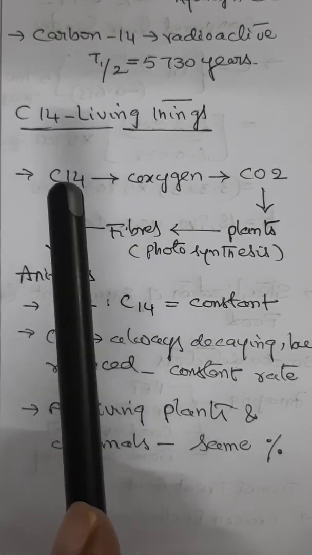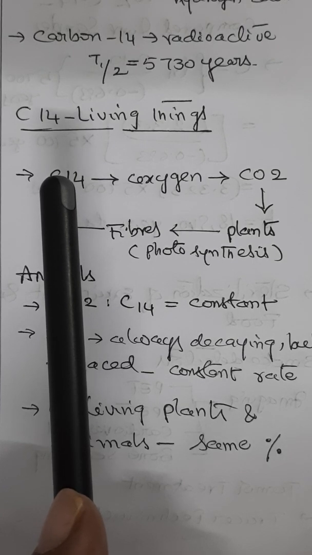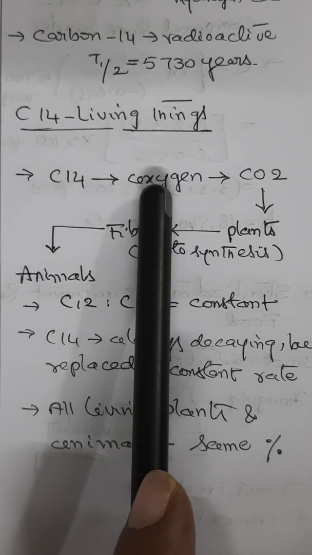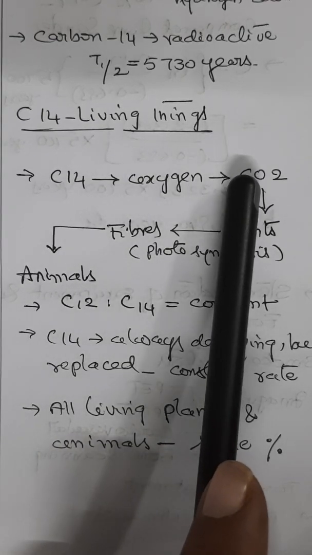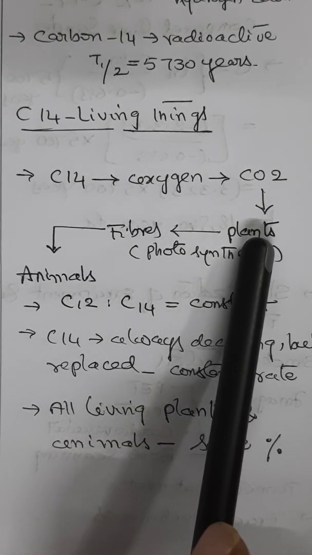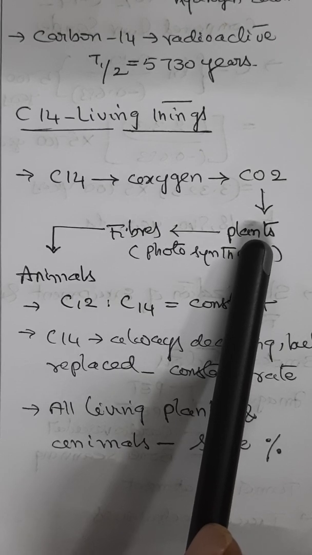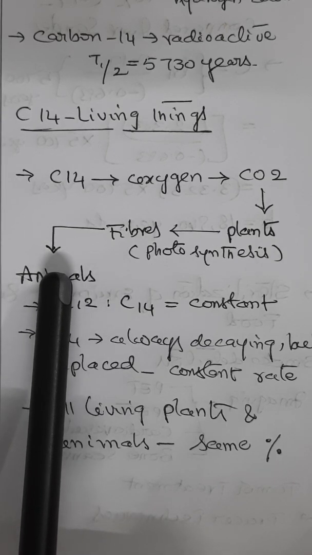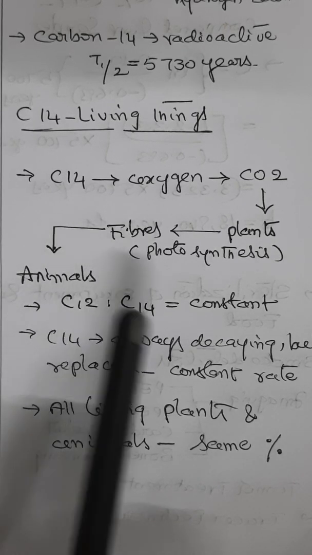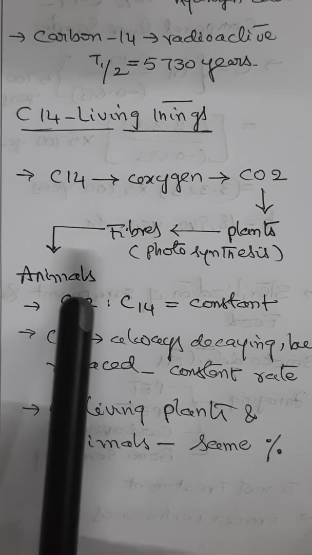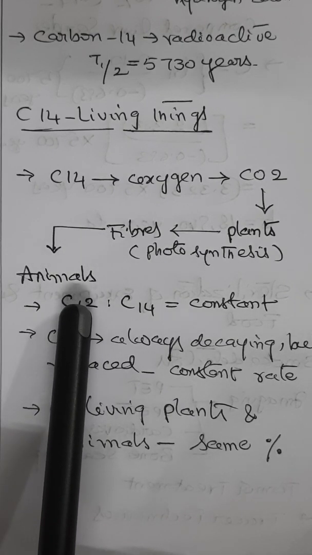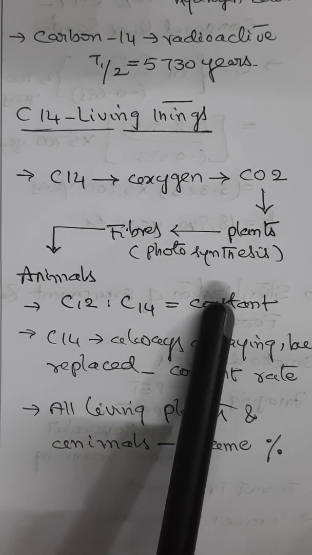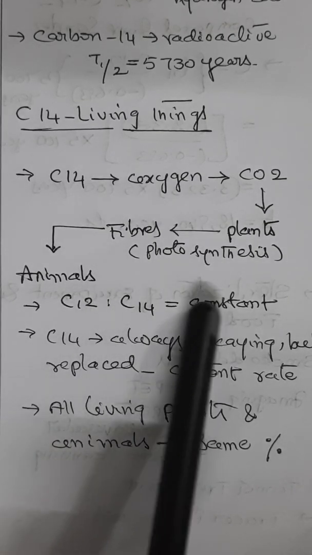How it enters into living things is like this. Carbon 14 atoms that cosmic rays create combine with oxygen to form carbon dioxide, which plants absorb and incorporate into plant fibers by photosynthesis. Animals eat plants and take in carbon 14. So the ratio of normal carbon, that is carbon 12, to carbon 14 in the air and in all living things at any given point of time is nearly constant.